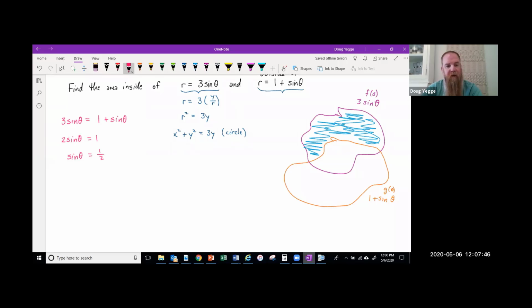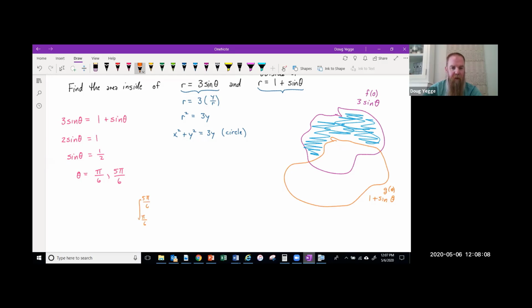We know that sine of theta is 1/2 in the first and second quadrants, so at pi over 6 and at 5 pi over 6. And so if they're going to intersect at those locations, then I'm simply integrating from pi over 6 to 5 pi over 6.